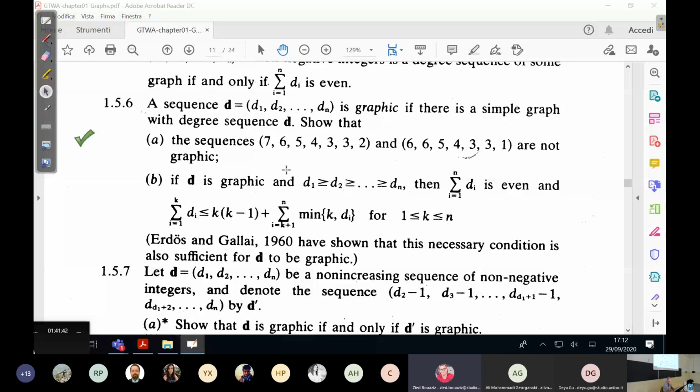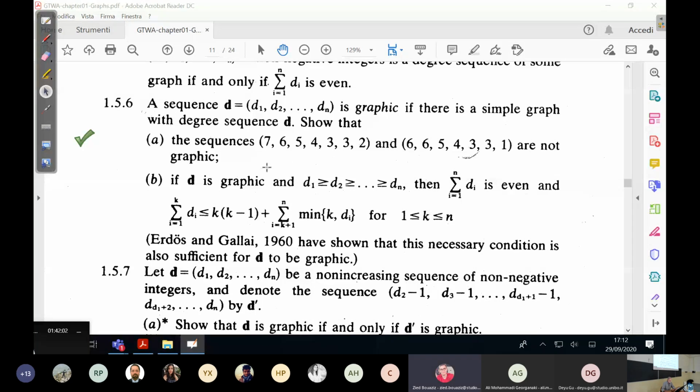Is that right? With these 7 sequences, we have 6 vertices. I don't understand. We have 7 vertices: 1, 2, 3, 4, 5, 6, 7 vertices.